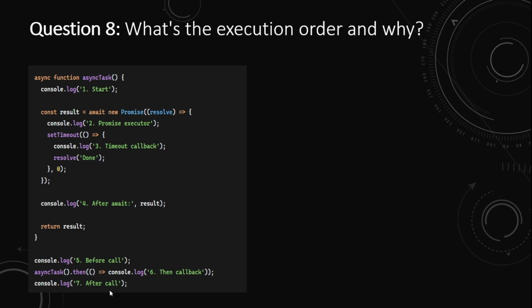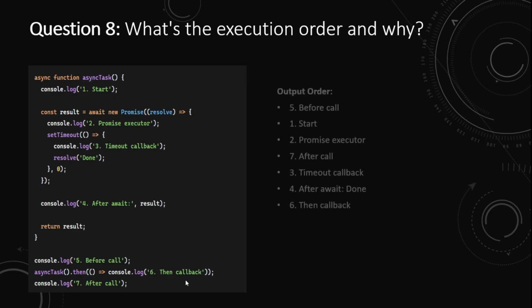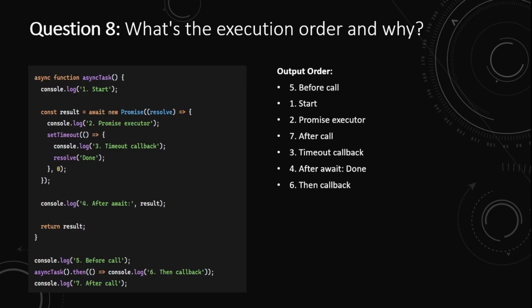So this callback will be executed, and under this callback, this console log is scheduled, which will be printed now. Hence, the order is 5, 1, 2, 7, 3, 4, 6. This is the actual order.